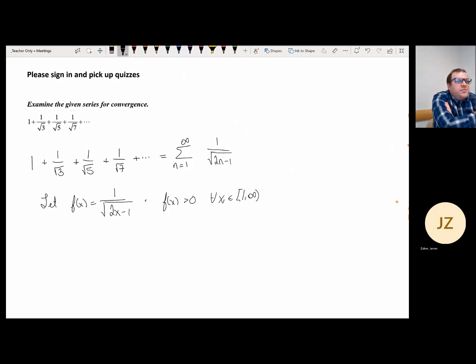Clearly, it's going to be positive, and it's continuous.